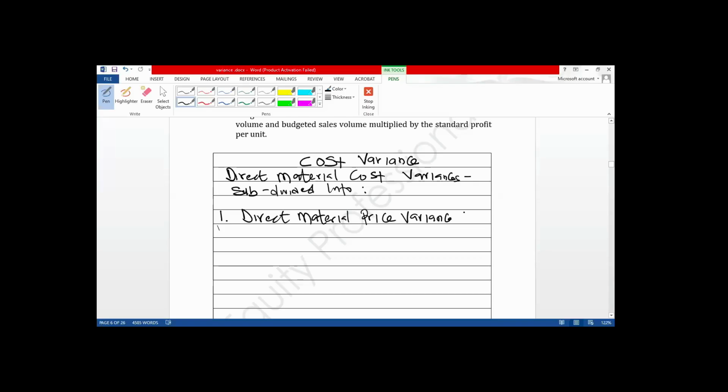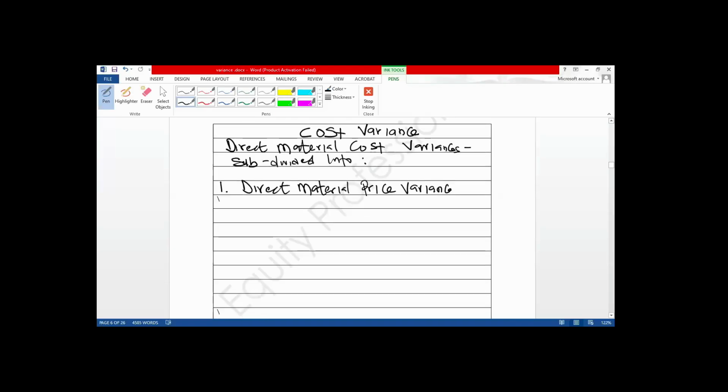If you are to calculate direct material price variance, what is direct material price variance?